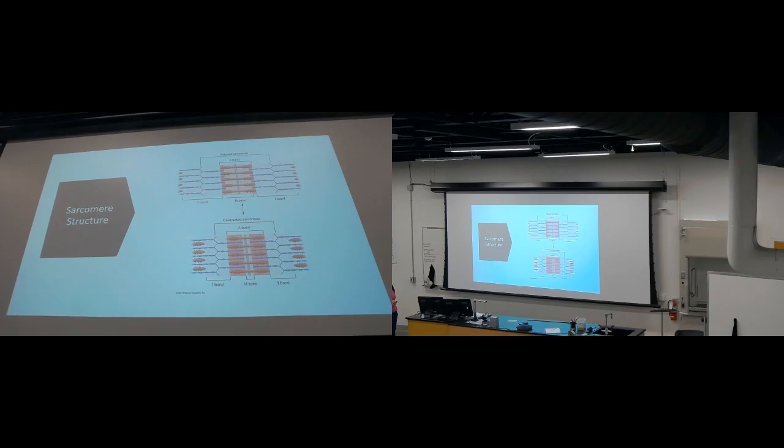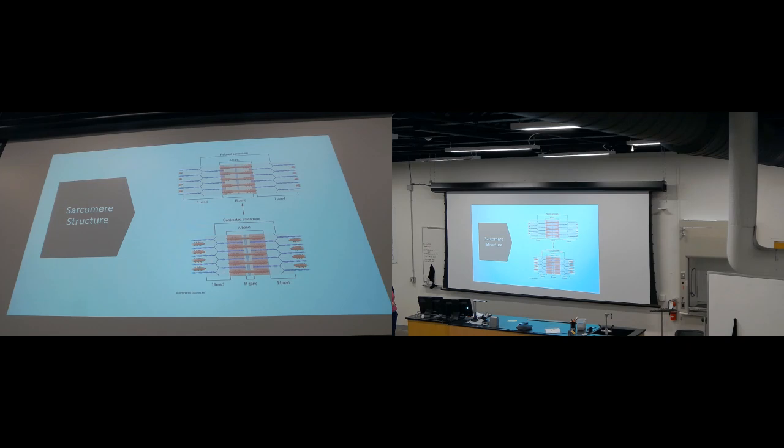And then when you slide actin over myosin during the contracting state, you see how this part of the H zone becomes darker. Why? Because now you have actin sliding over myosin.